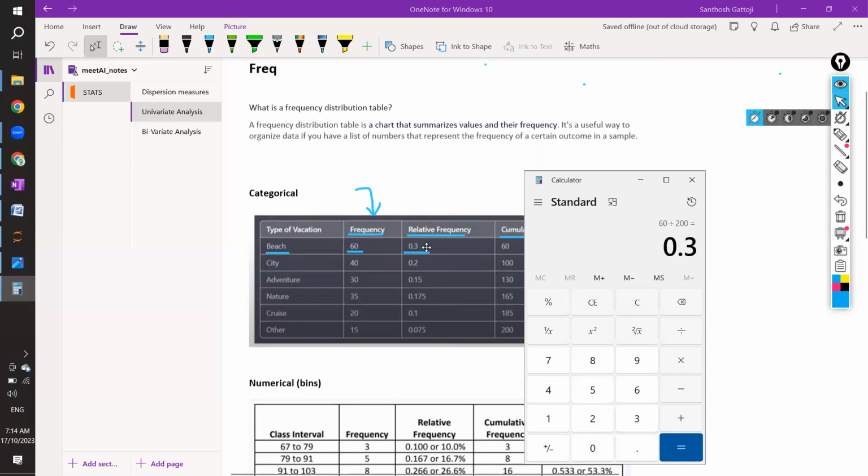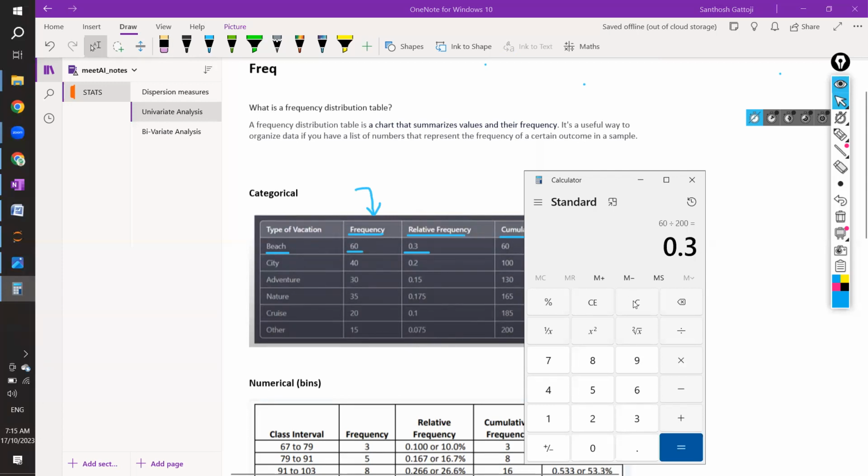Relative frequency is not exactly probability, but it is what its share is relative to all. When compared to all others, what is its share? Overall the frequency is 60, but if you calculate in percentages, its share is 0.3. Agree?